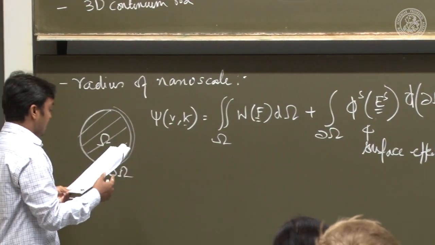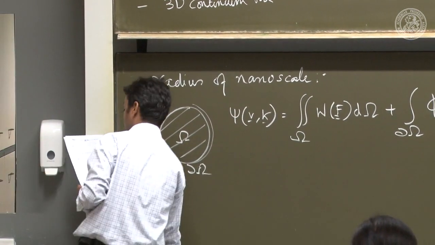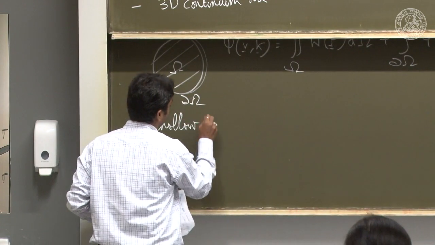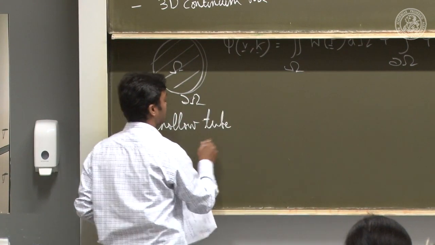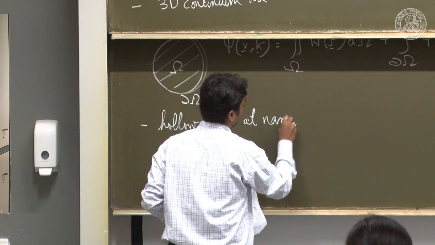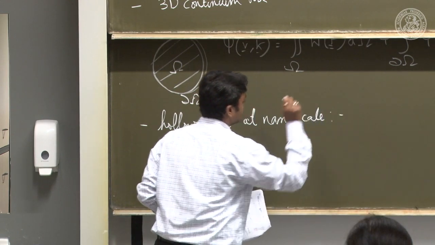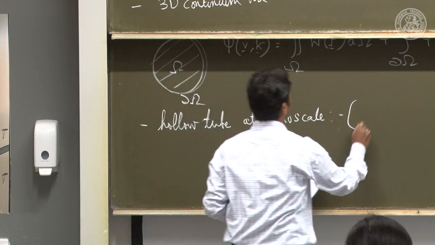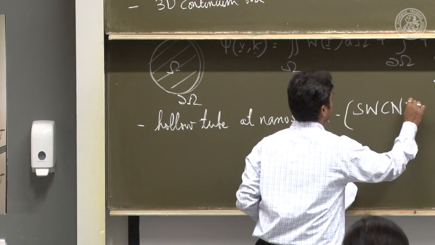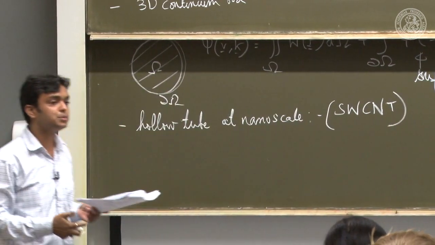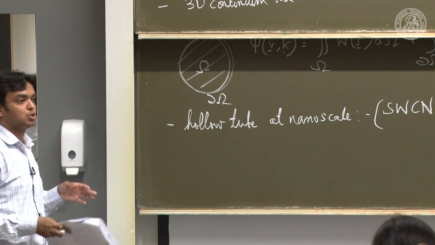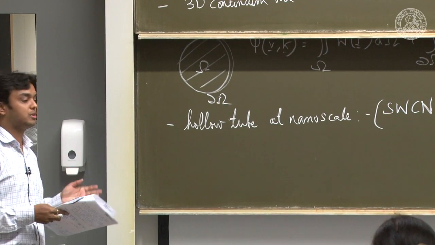Okay. So the other would be a hollow tube, for example, at nanoscale, or any tube at nanoscale. So for example, if I have a single wall carbon nanotube, that does not have a surface effect kind of thing, these are the tubes produced at a nanoscale level. So for that we cannot have recourse to 3D elasticity.